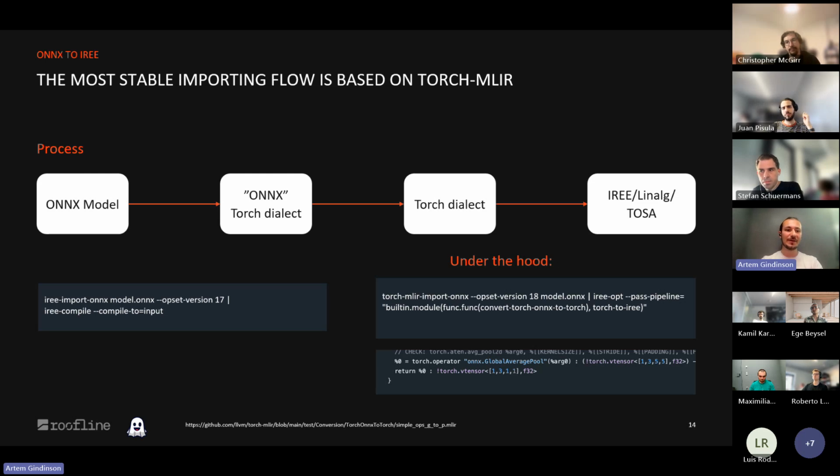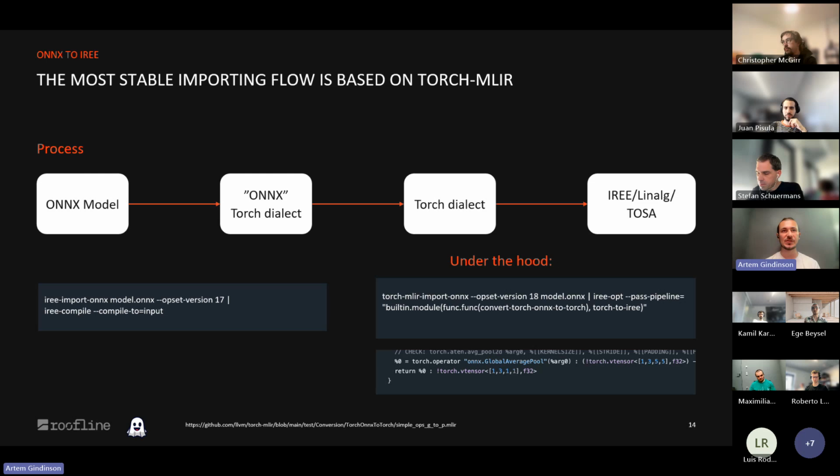And as of now, the most stable importing flow for ONNX is based on Torch MLIR, which, as is ironic, probably doesn't surprise those with more experience of the IREE Torch MLIR ecosystem. But it's definitely the flow that, in our experience at least, is the easiest to use and has the broadest support.